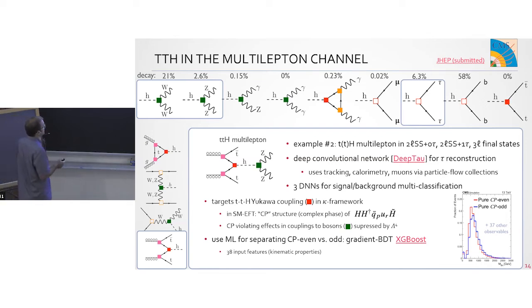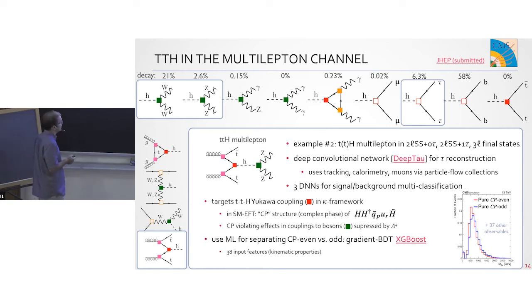There are, for example, for tagging this tau-tau decay mode, which is not the focus of the talk, deep convolutional neural networks identifying these taus, which are really sophisticated, finely tuned, complex machine learning applications. It just has nothing to do with SMEFT, and therefore I do not discuss it.